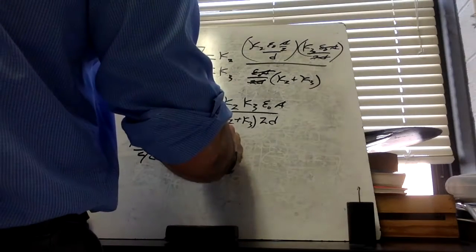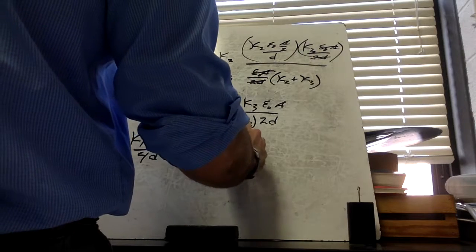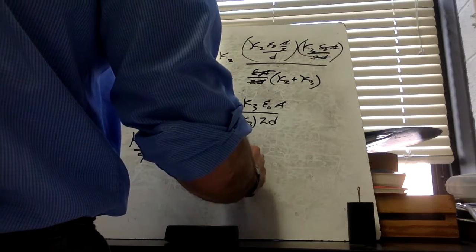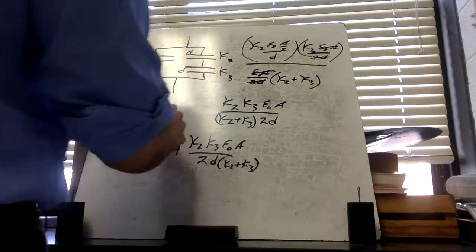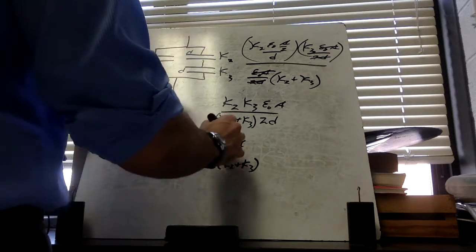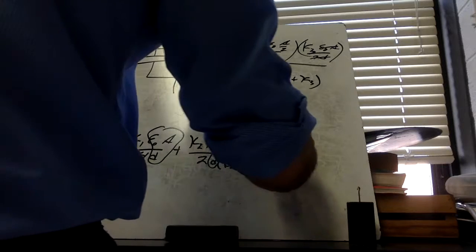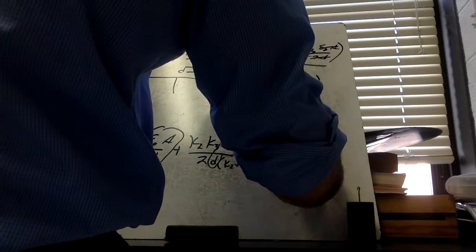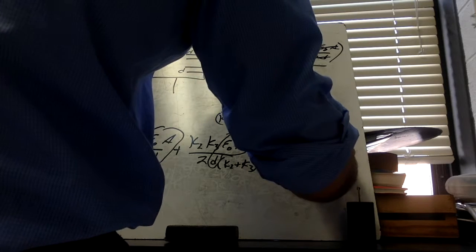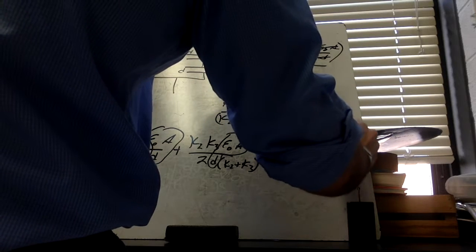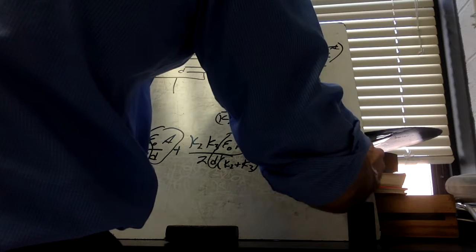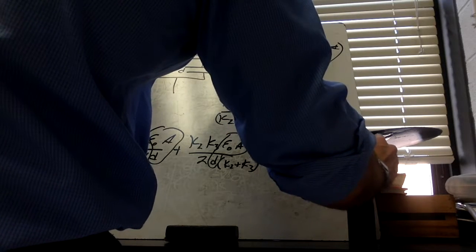Kappa 2 kappa 3 epsilon naught A all over 2D times kappa 2 plus kappa 3. So here is C naught there, and here is C naught for that one. So it's going to be C naught times kappa 1 over 4 plus kappa 2 kappa 3 over 2, kappa 2 plus kappa 3.